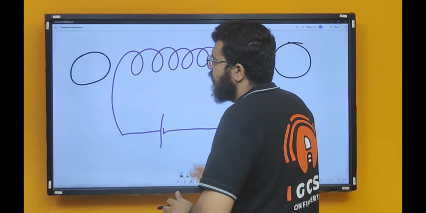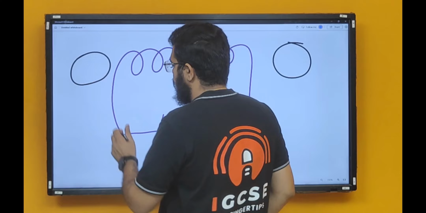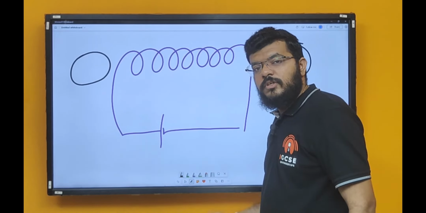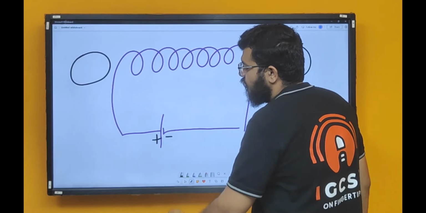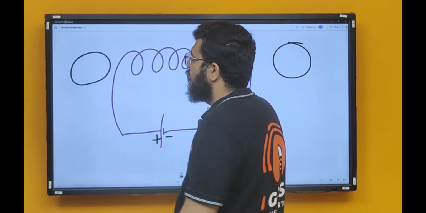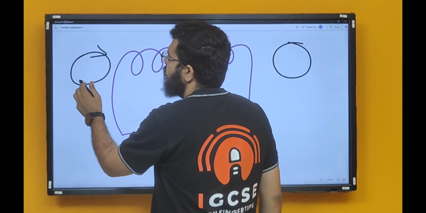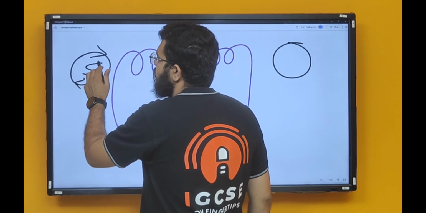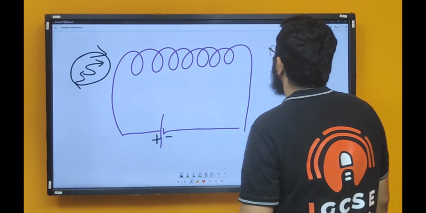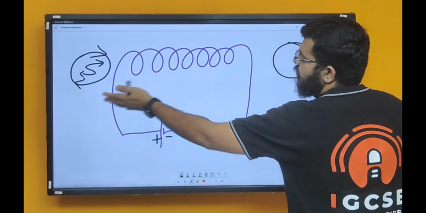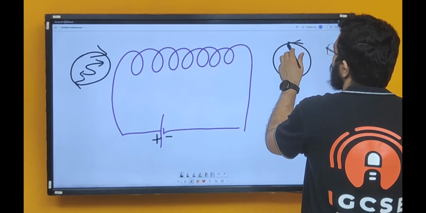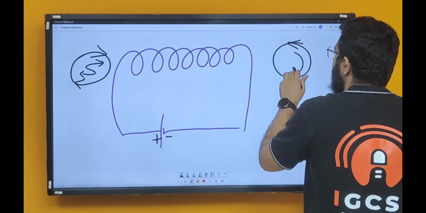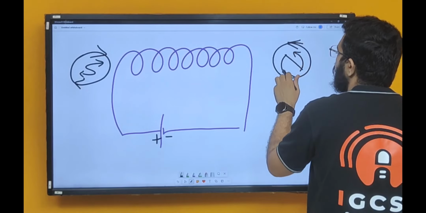If you look from here and find, looking at the poles of the battery or the cell, that the current is clockwise, then you're looking at the south pole. And if the current is clockwise on that side, it should be anti-clockwise on this side, then you're looking at the north pole.